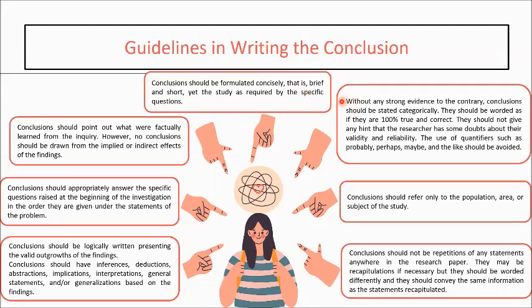Next, without any strong evidence to the contrary, conclusion should be stated categorically. They should be worded as if they are 100% correct and true. They should not give any hint that the researcher has some doubts about their validity and reliability. The use of quantifiers such as probably, perhaps, maybe, and the like should be avoided.